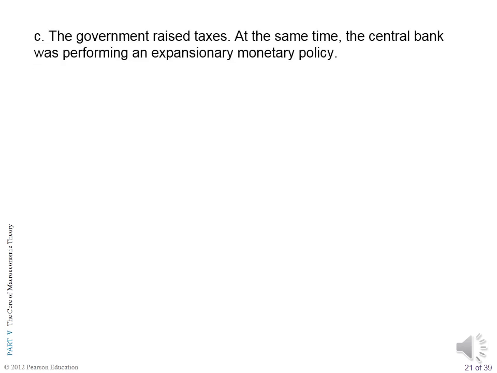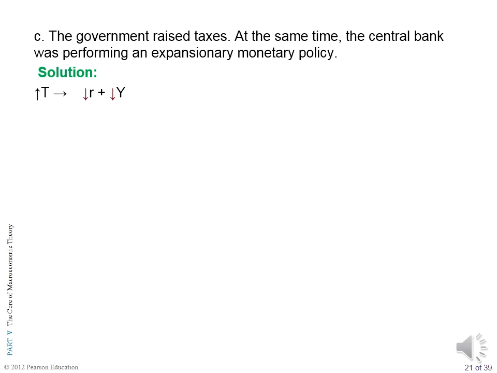C. The government raised taxes at the same time the central bank is performing an expansionary monetary policy, which means that there is contractionary fiscal policy and expansionary monetary policy. Let's see. Contractionary fiscal policy, an increase in T, will decrease consumption, so aggregate expenditure will decrease, Y will decrease and R will decrease as well.